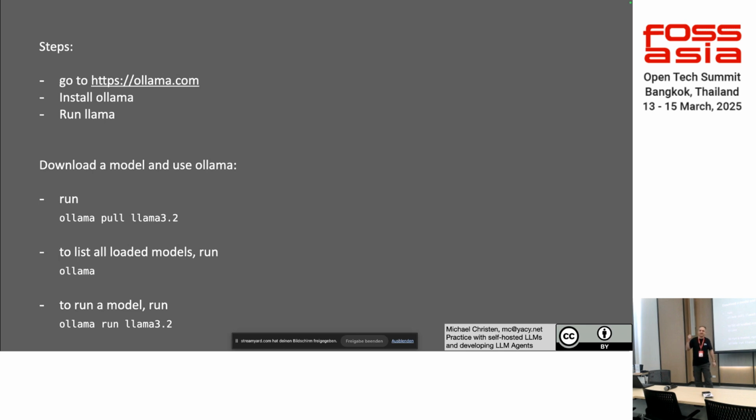This means that a 3 billion parameter model doesn't need 3 gigabytes of memory. In this version of the model, it uses only 2 gigabytes of RAM. That means even if you have only 4 gigabytes on your computer, you can run this. You can run this model on a Raspberry Pi, even on a small Raspberry Pi with only 4 gigabytes of RAM. And that's what we want to do.